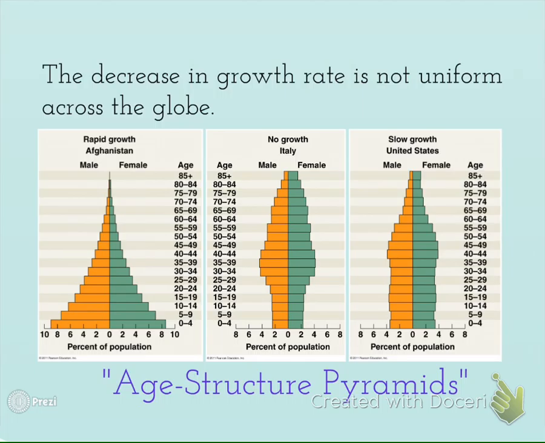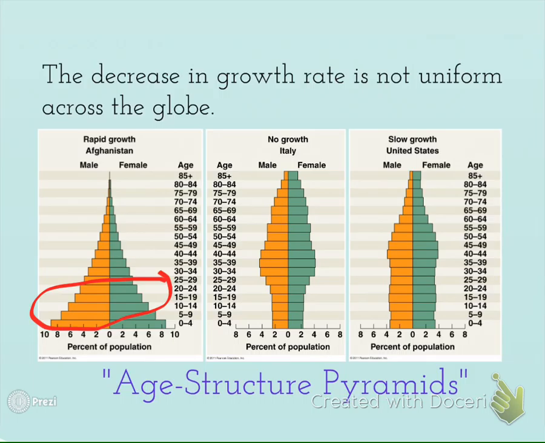An age structure pyramid. You can look at an age structure pyramid and determine how a population is growing. If you have a really, really wide base of the age structure pyramid, it means your population is young. And what is that young population going to do around 15 to 20 years old? Start reproducing. And so then that pyramid stays wide.